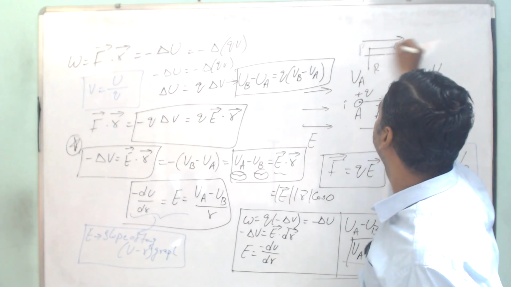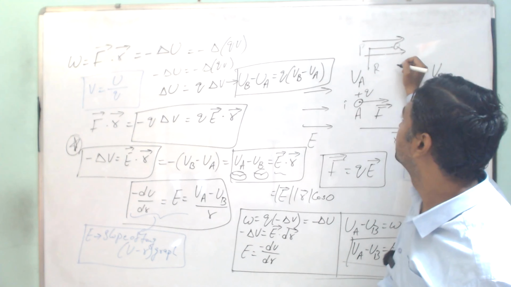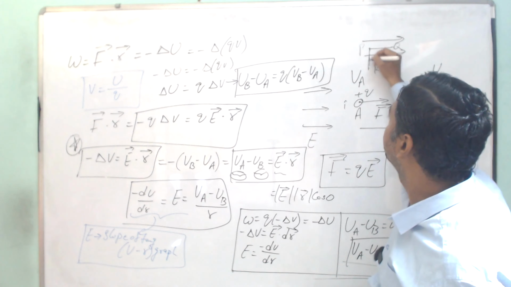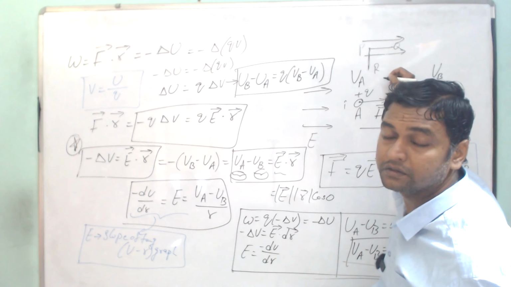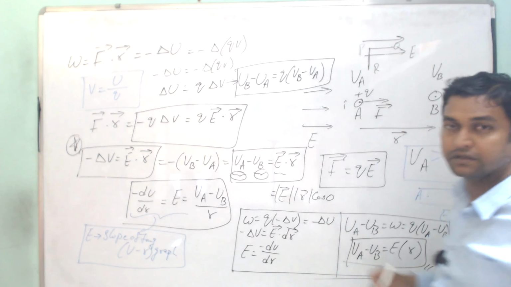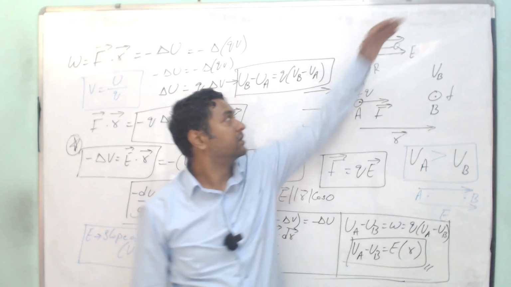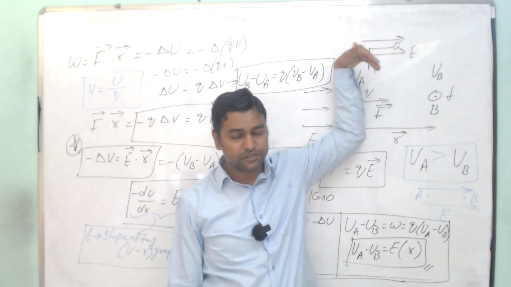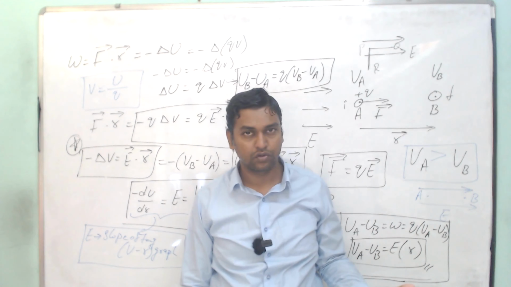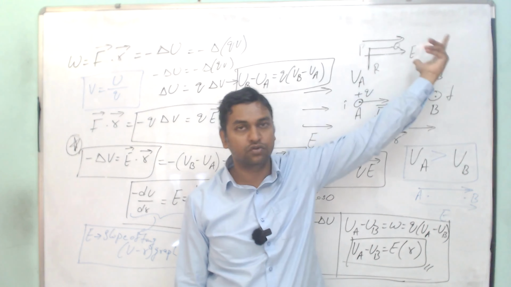PQ is perpendicular to PR. From P to R, the electric field is in which direction? Horizontal direction. If you remember one conceptual statement, the component of a vector in its perpendicular direction is 0.